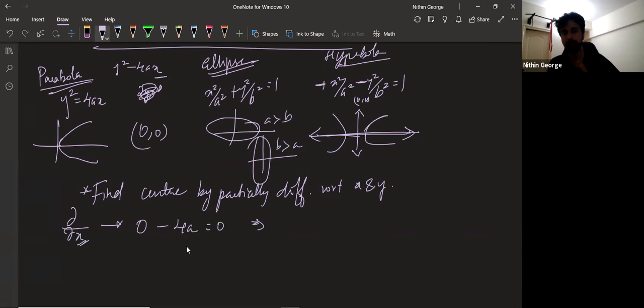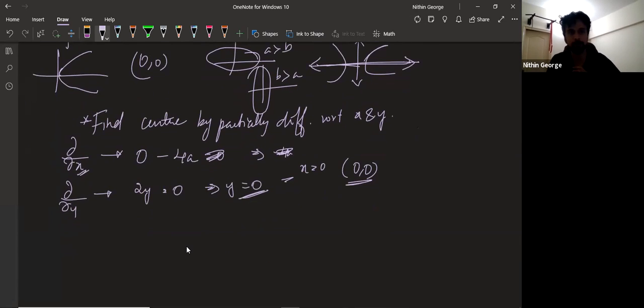So you can say that 4a is equal to 0, which doesn't really help. Okay. So this is one line. The other one is dou by dou y. So here you're treating x as a constant. So dou y is equal to 0. Here you can say that y is equal to 0. So you put y equal to 0, you get x equal to 0. So which means 0, comma 0 is the center.